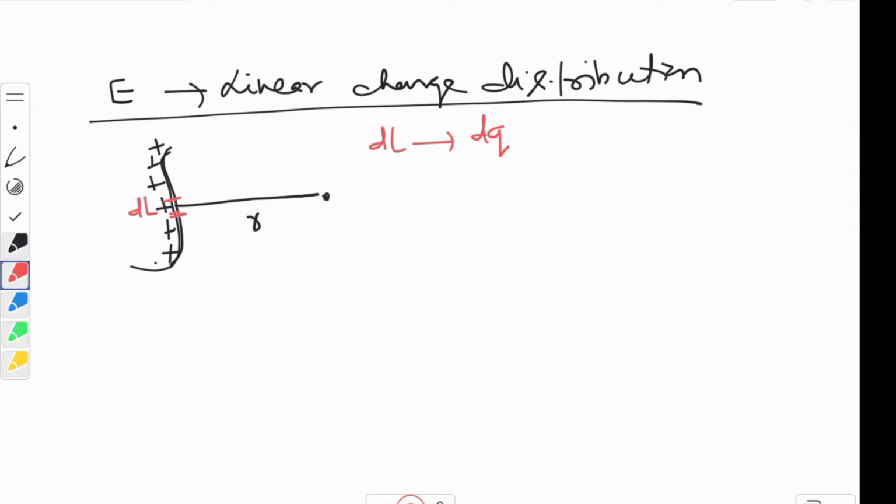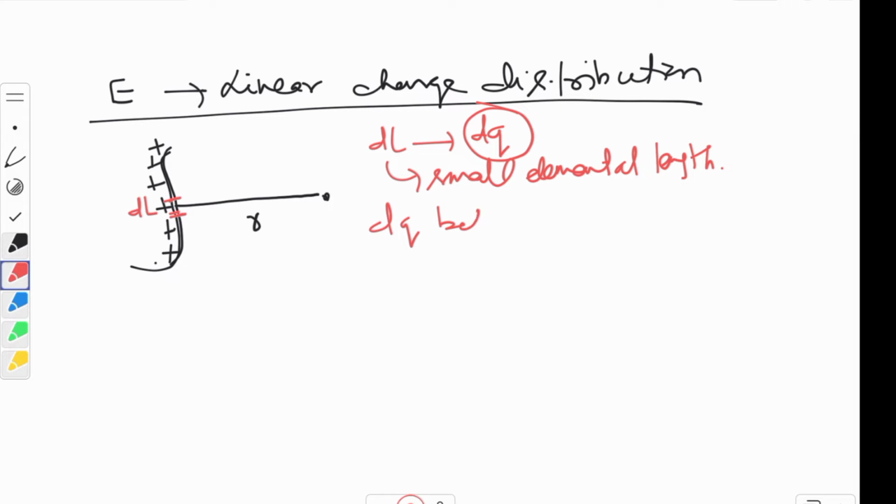Since we are considering a small elemental length which consists of a small charge dq, and since it is very small, we can treat this dq charge as a point charge.